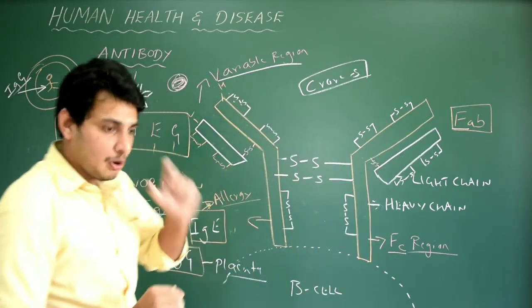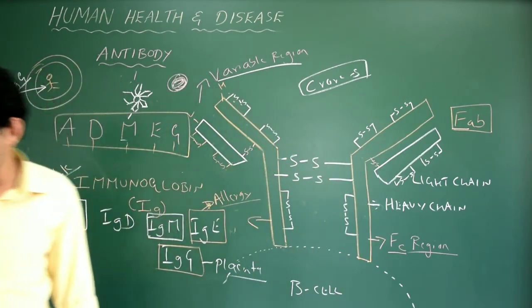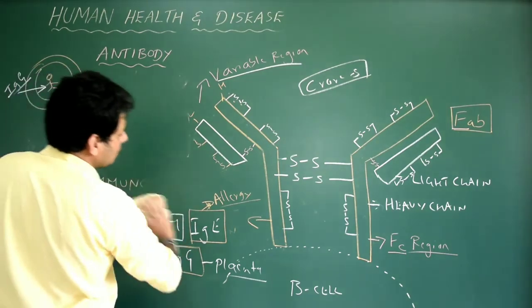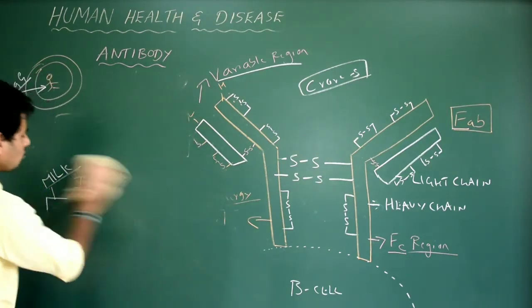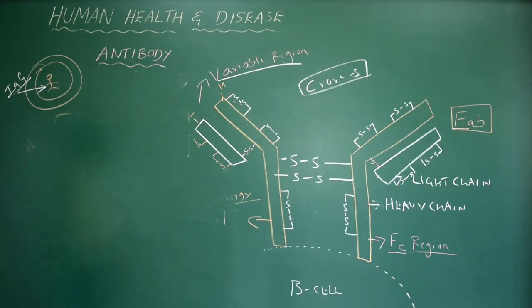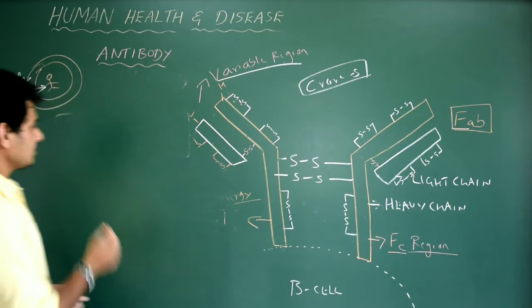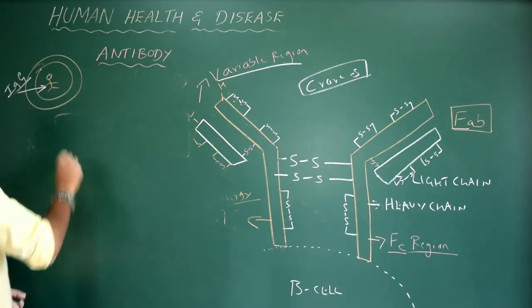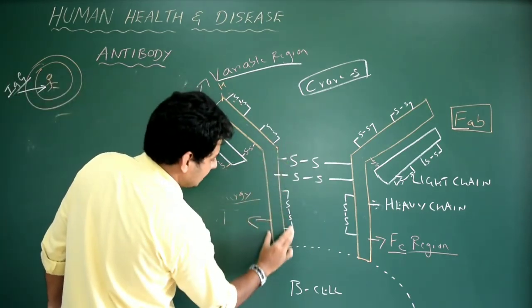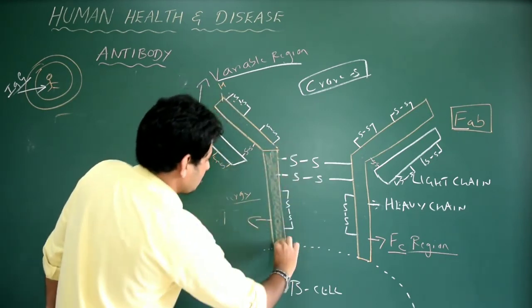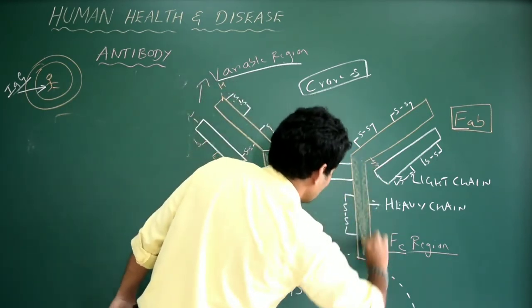Now for your understanding, let me tell you how ADMEC, that is different types of antibodies, are classified. On what basis are they classified? Even though they are not given in your NCERT, I'll tell you because I cannot resist. They are mainly classified on the basis of the amino acid sequence. From here, see, now I'm going to manipulate this constant region.